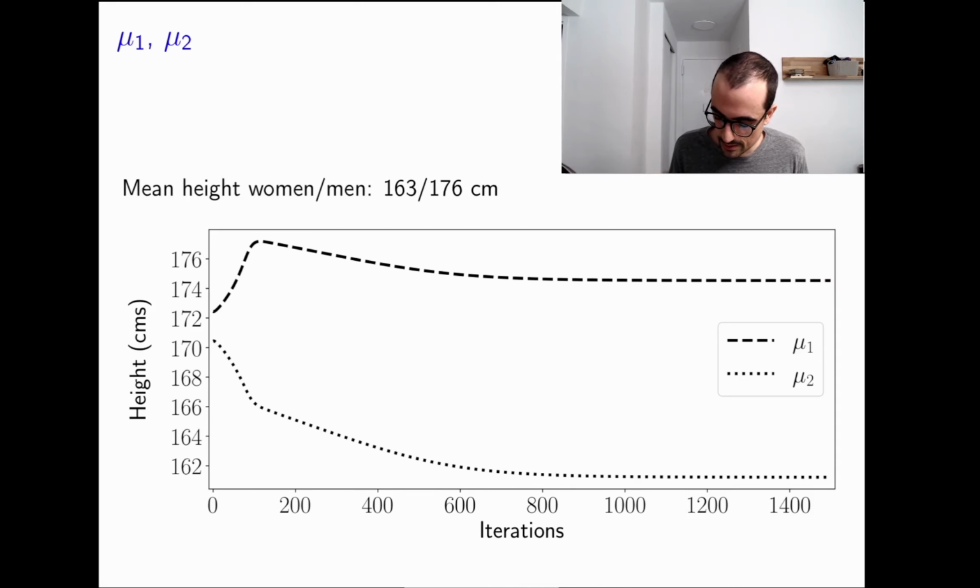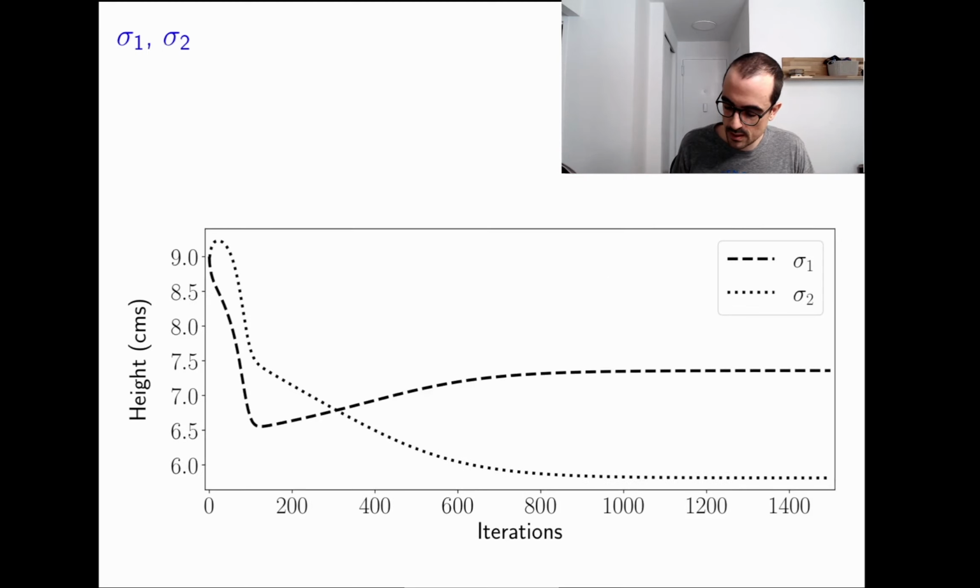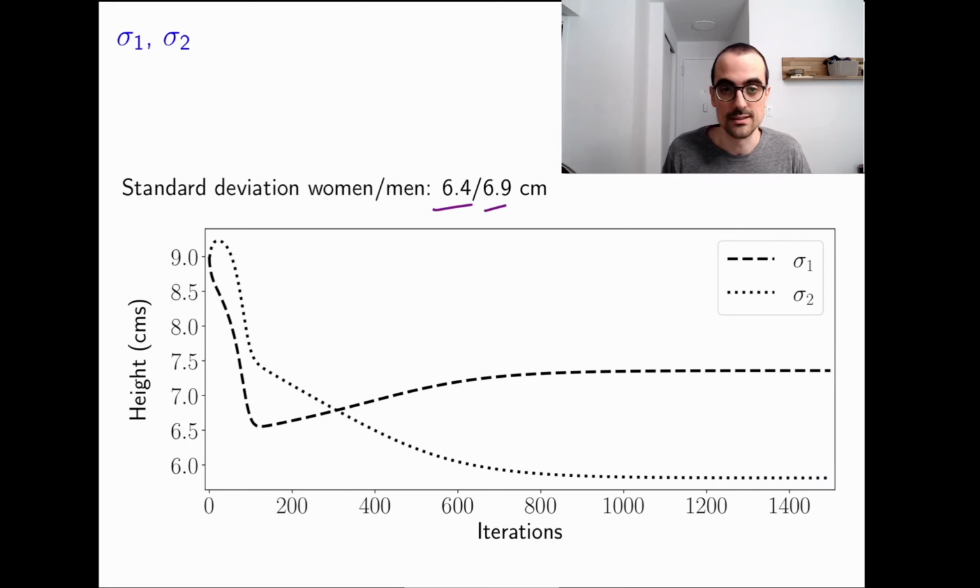The average height of men is 176, the average height of women is 163. So the model is picking up that men and women is one of the most important factors to cluster this data. Same for the standard deviation: we end up with around 7 for men and around 6 for women, which is quite close to the actual standard deviations.